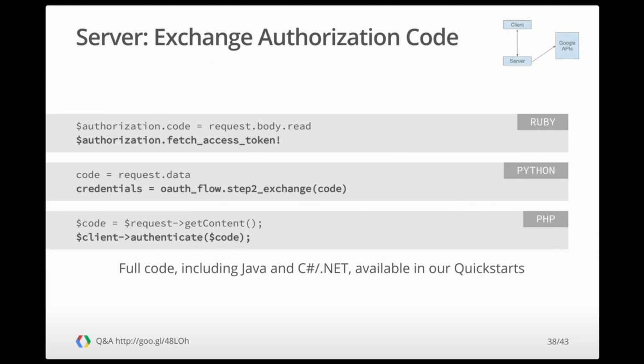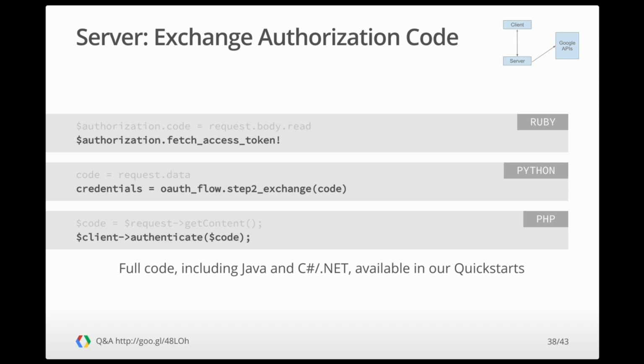When you get this code on your server, you again need to do something with it. In this case, you just exchange that code. Exchanging that code will give you an access token, and if you ask for offline access, you will also get a refresh token. This is really easy because our client libraries take care of this for you.